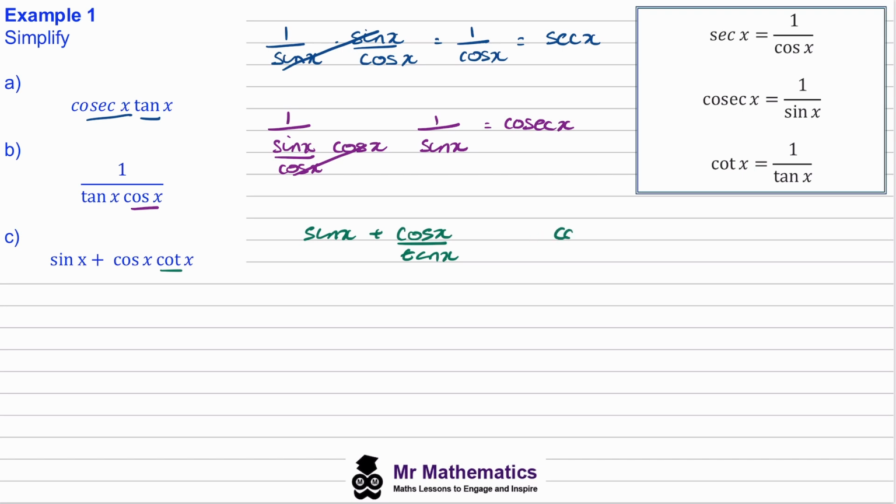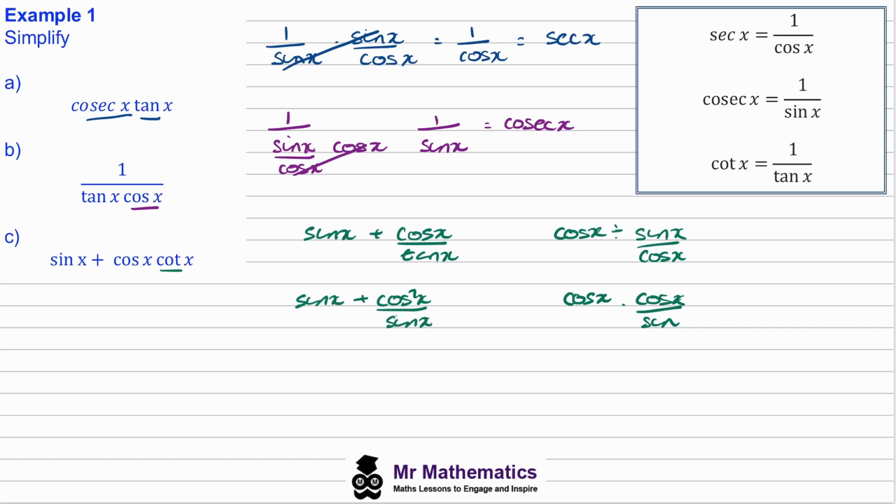We'll have cos x divided by tan x, so sin x over cos x. And then we can write this as a multiplication. So cos x multiplied by cos over sine. And then you can see here we've got cos squared. So we'll have sin x plus cos squared x over sin x.